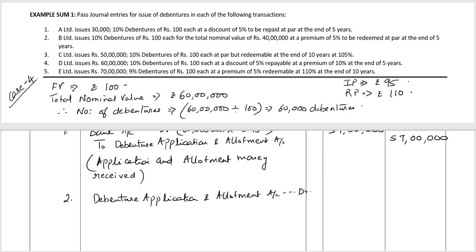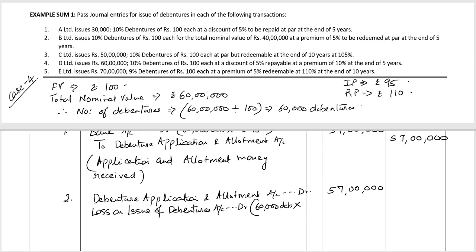Amount of the application and allotment money received, 57 lakh rupees. I will debit loss on issue of debentures account with the number of debentures, 60,000 debentures, multiplied by the discount plus the premium on redemption.